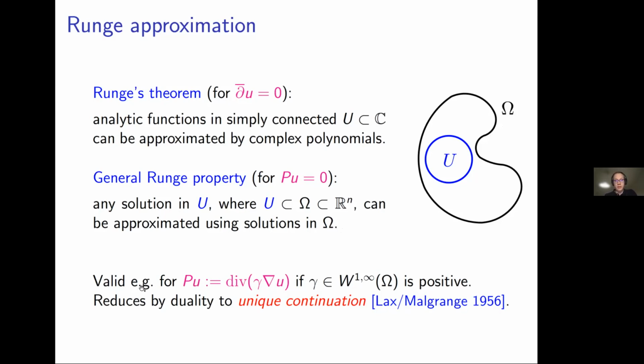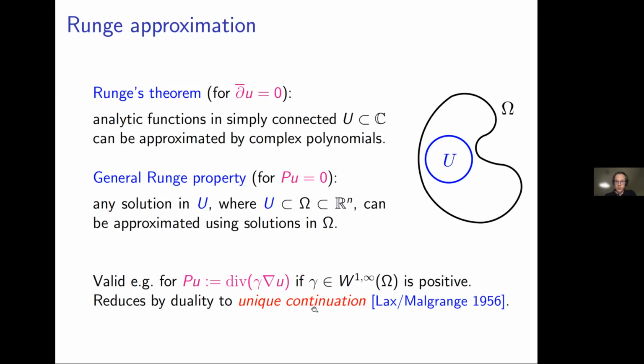And this is valid, for example, for the conductivity equation Pu equals divergence of gamma grad u, if this gamma is a positive Lipschitz continuous coefficient. And the reason why you need Lipschitz continuous in dimension 3 and higher at least is that this approximation property can be proved by duality from the unique continuation principle.